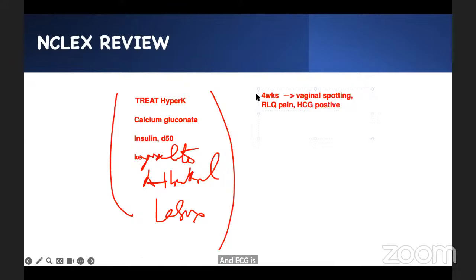What is your diagnosis plan? hCG positive. What is the problem? Ectopic pregnancy, ultrasound, ectopic pregnancy, excellent. Ectopic pregnancy.